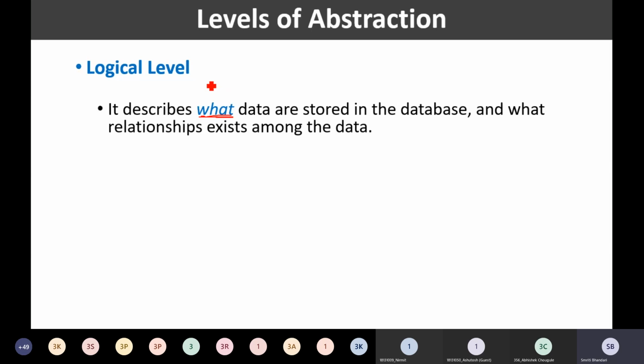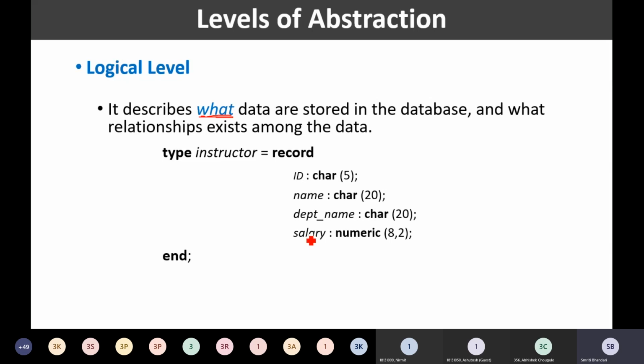So let me give you one example. We were talking about one example of storing the data in our department. So let us assume that we are storing the data for instructor or faculty member in our department. So what are the important elements that I need to store with respect to the instructor in our department?